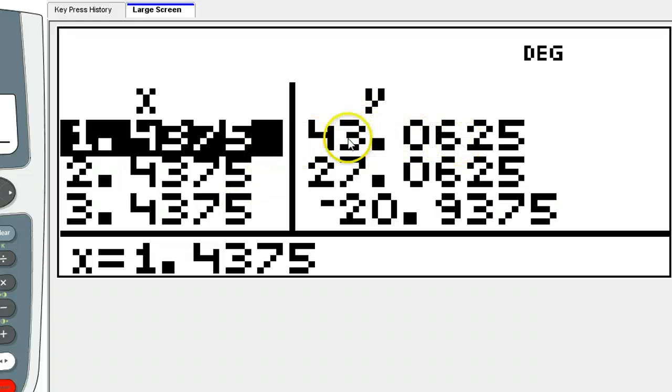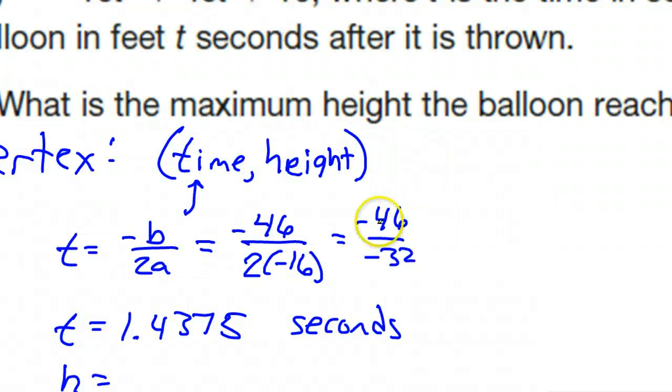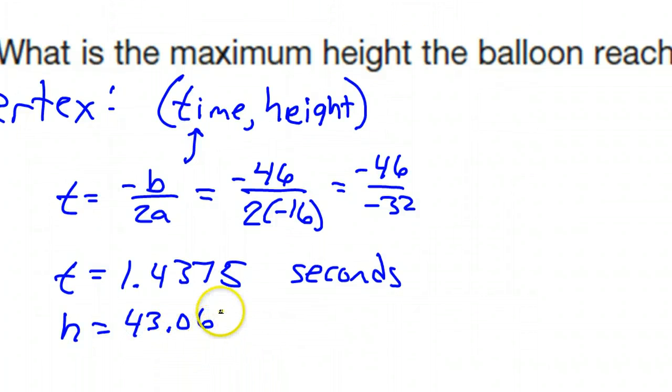The y value that goes with that is 43 point, and I'm going to go ahead and round to 2 decimal places, so 43.06. I don't like to round until the end. That's why I didn't round these decimals. I used all those good decimals so I could get as much accuracy as possible on the height, which is the thing that we really wanted.